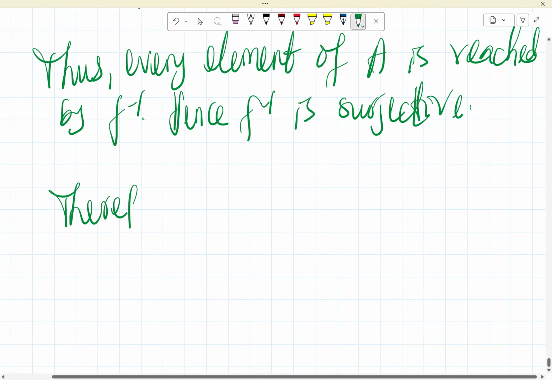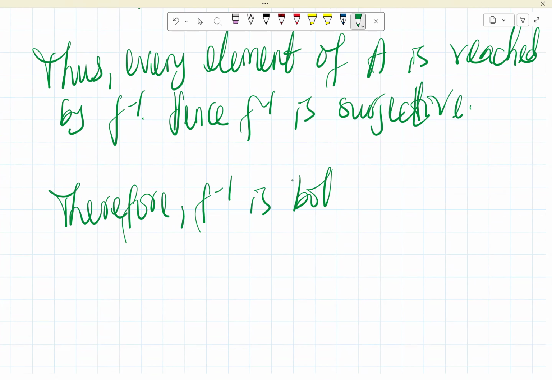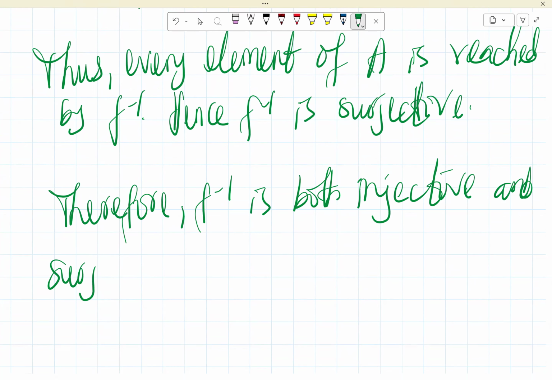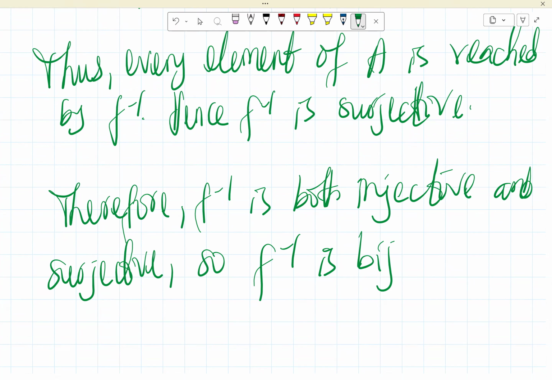Therefore, we can say then that F inverse is both injective and surjective. So F inverse is bijective like that.